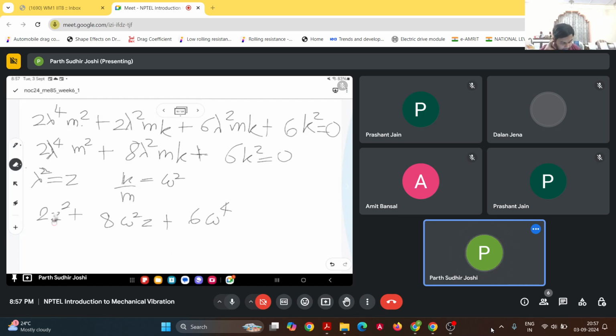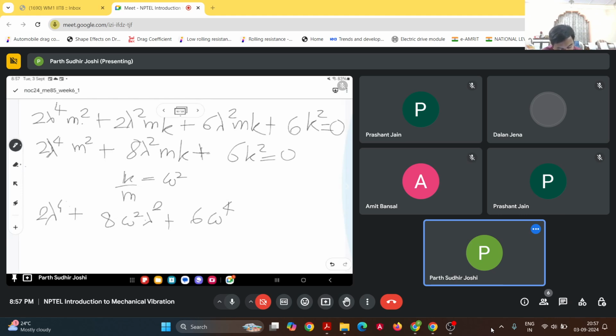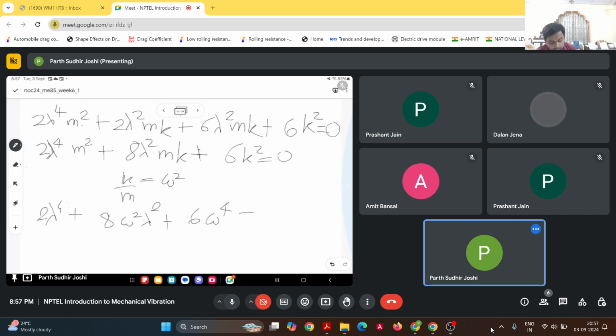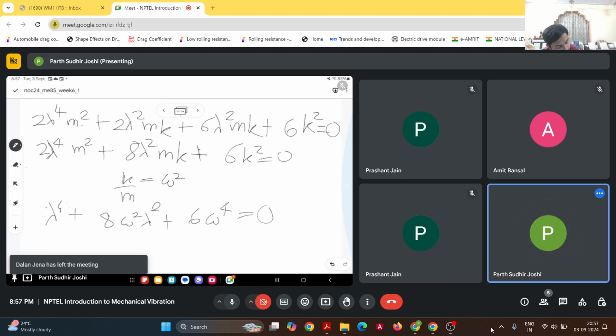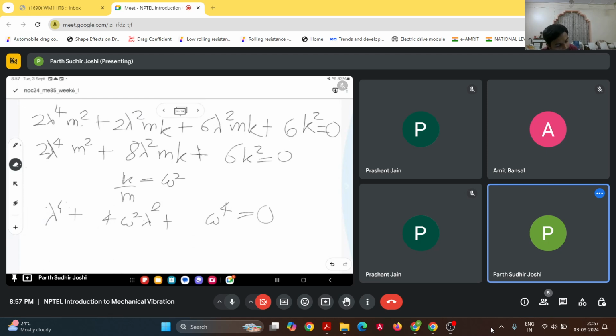Alternatively, we can just say this is 2 lambda to the power 4, and instead of writing this as z, we can simplify this further by dividing by 2 as well. So this will become 3.